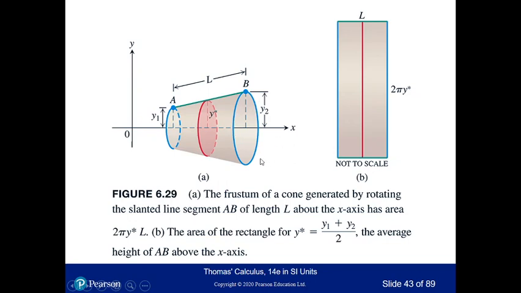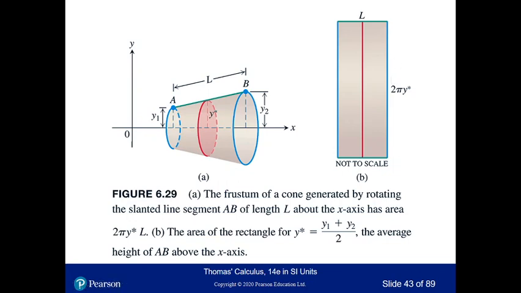The blue one, so this circle is big, this circle is small. We have to find the average of the two. We can get the average of the two by using this y star. So we have 2 pi y star is going to be the length of this rectangle, right?